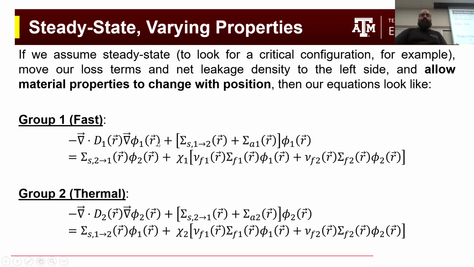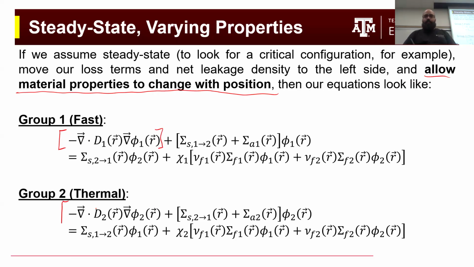Now I'm just writing the scalar fluxes as a function of position. But here I'm also allowing my material properties to change with position, so I've added position arguments on all of my cross sections and all of my diffusion coefficients.